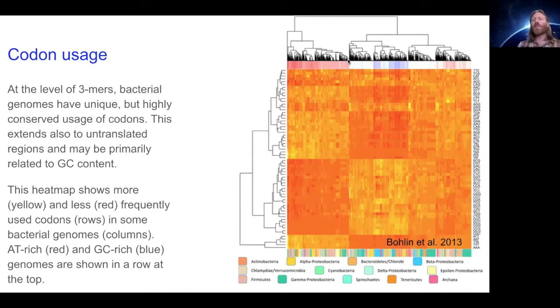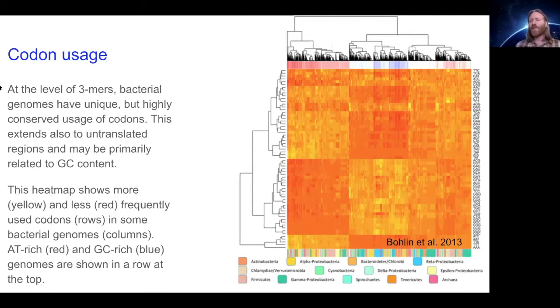You can see the block on the left is mostly consisting of AT-rich genomes, as is the block on the far right, and in the middle there's some GC-rich genomes, but it's not a perfect rule. But what you can see is that some codons are preferenced over others.